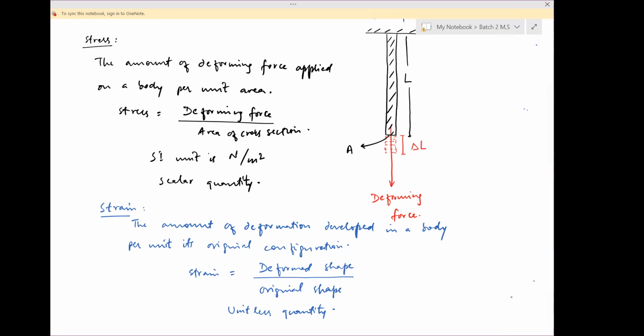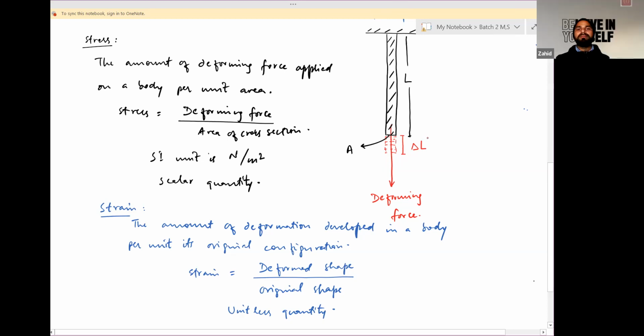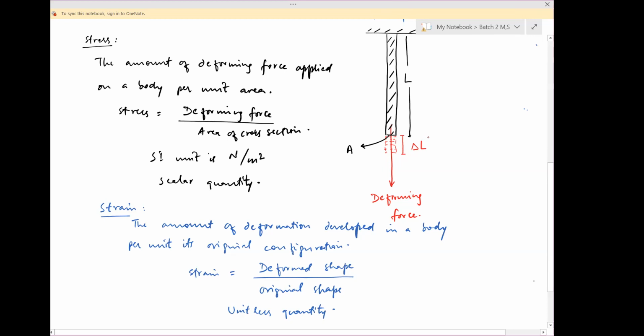Sir, the deforming phase is delta L. Yeah. Okay, sir. Done, sir.